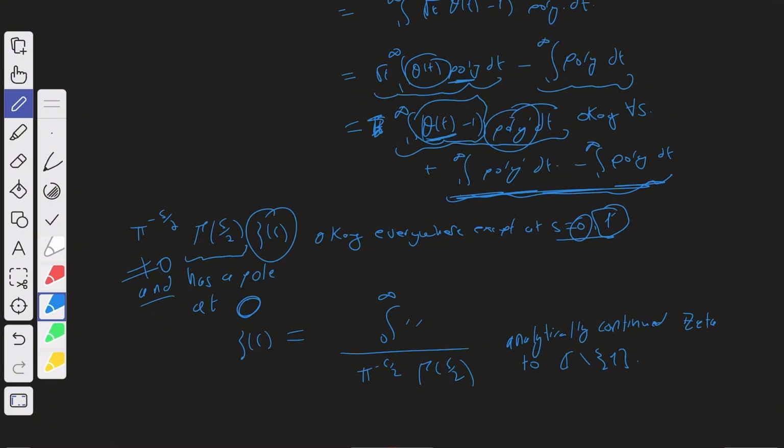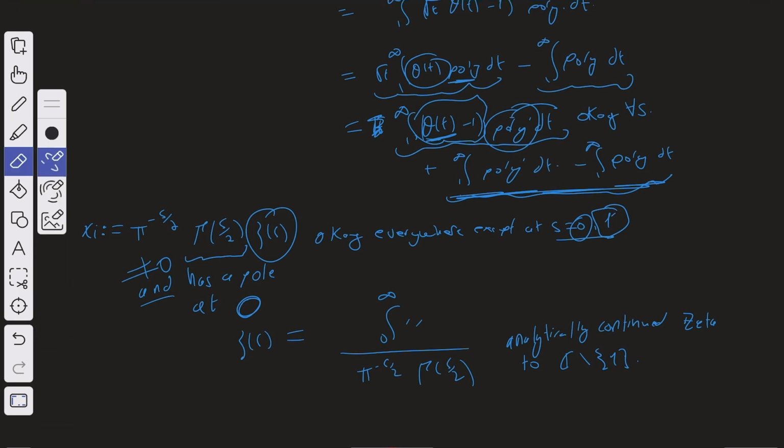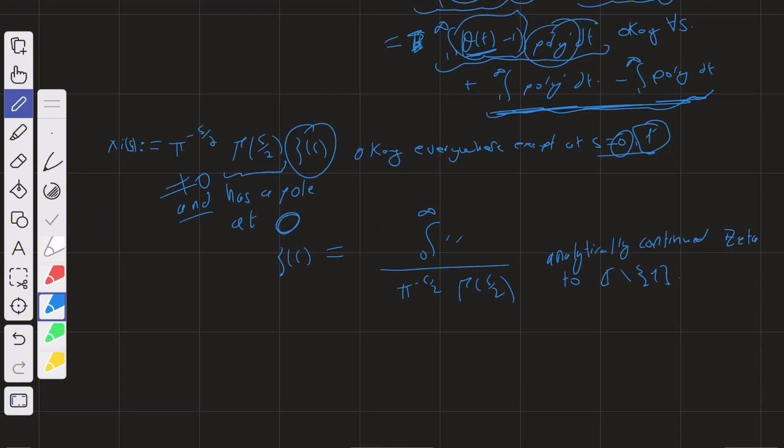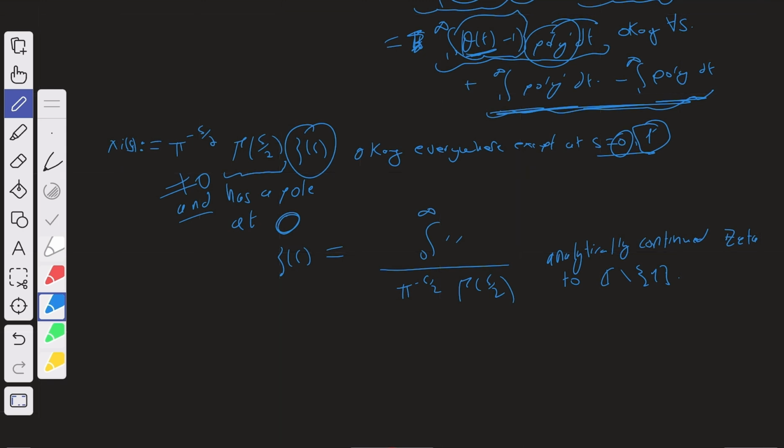So if we call this function xi, because it's called the completed zeta function, let's say xi at s, it's pretty easy to say that xi at s is equal to xi at 1 minus s.